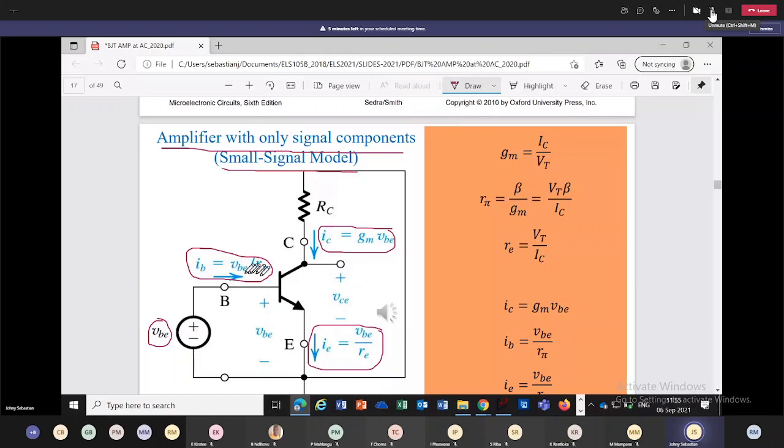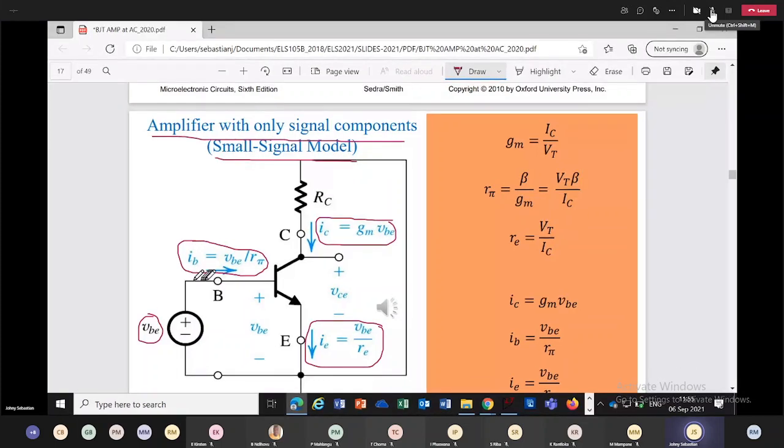So everything we learned so far is present here in one slide. We defined R pi today. R pi is VT times beta over IC. And RE we defined today. RE is VT over IE.